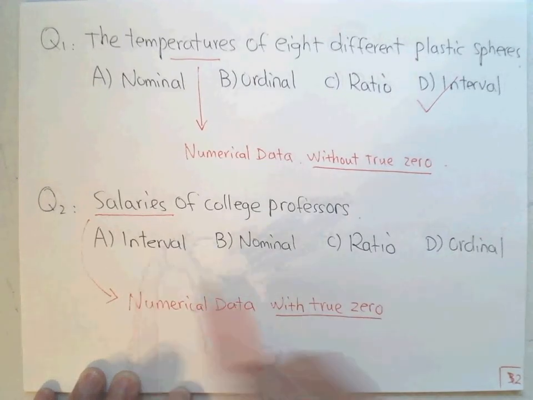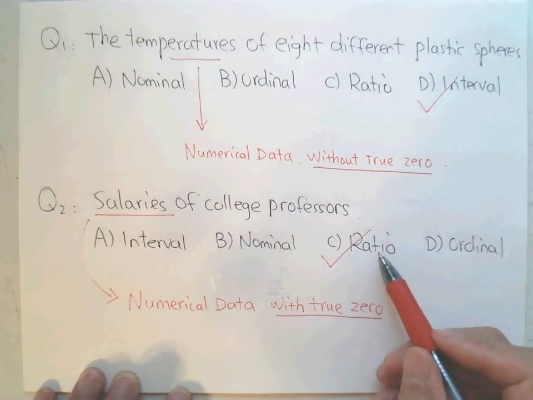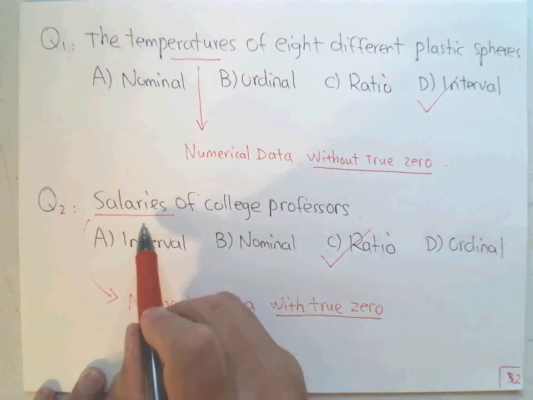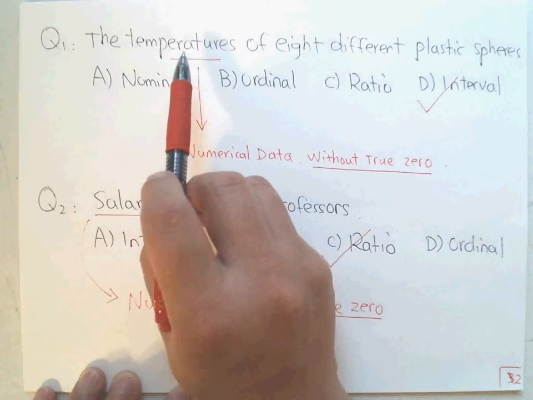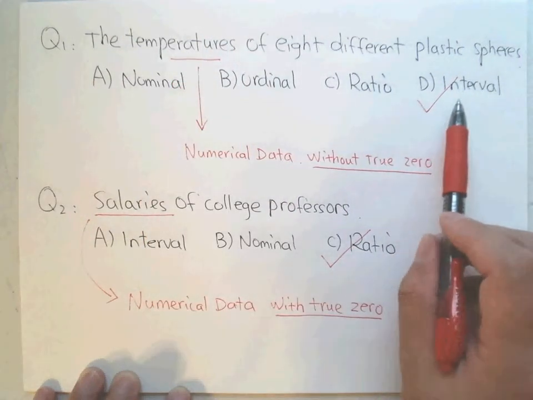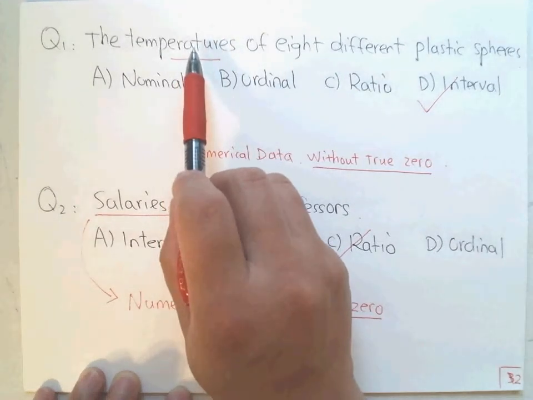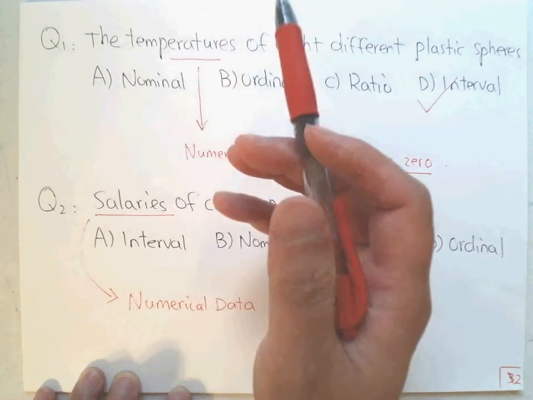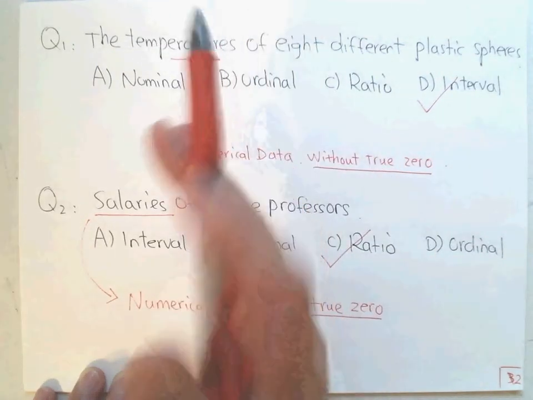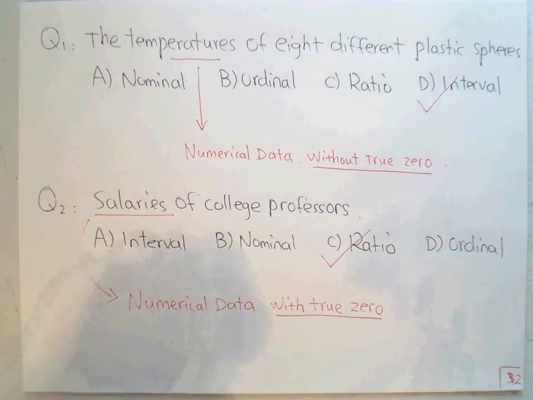Therefore, this is not an interval, it's a ratio. A ratio makes sense: if someone has a salary double that of another person, it really is double. Unlike the previous interval, if one temperature is 20 degrees and another is 40 degrees, we cannot say 40 degrees is twice as hot as 20 degrees. A ratio means nothing there, while for a ratio, the ratio really means something.